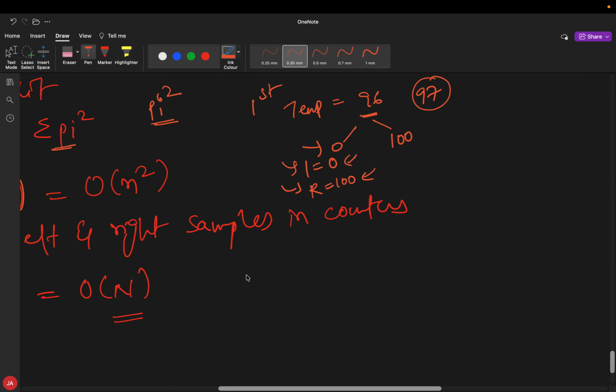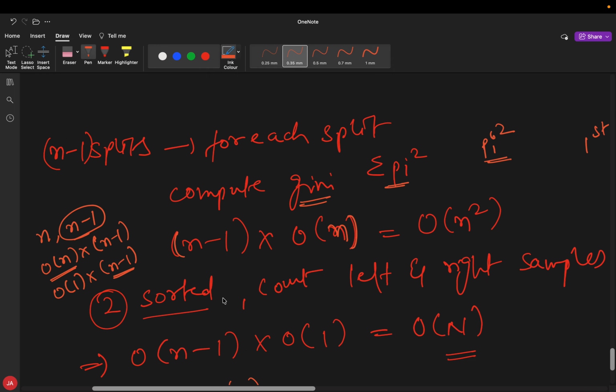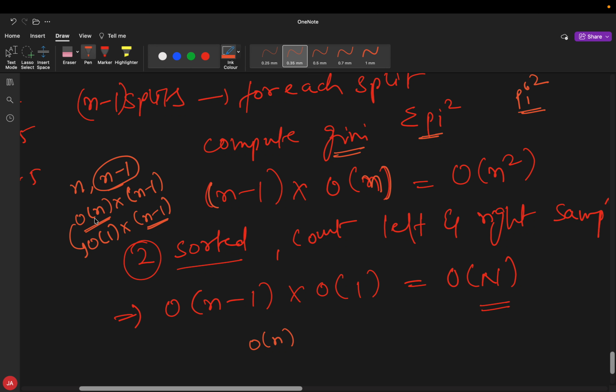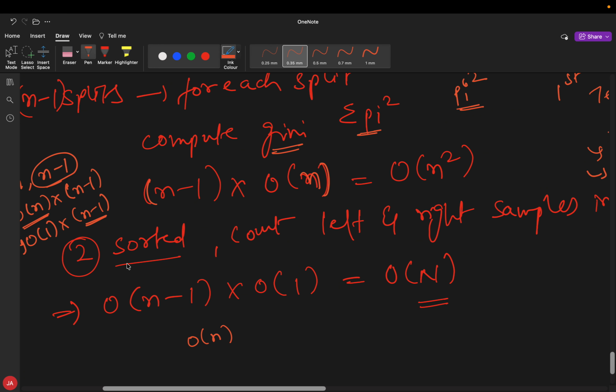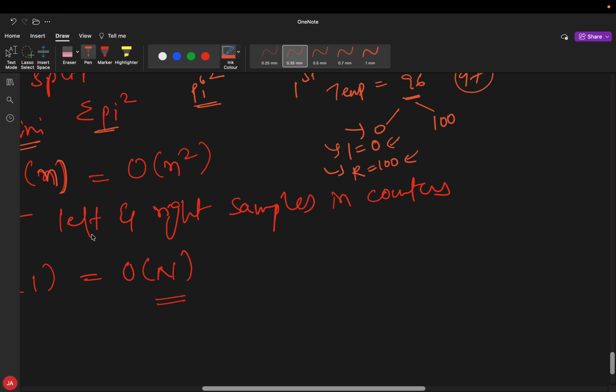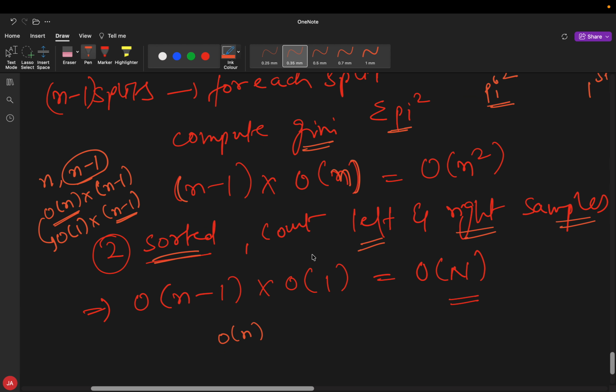Why does it reduce from O of n to O of 1? Because we have sorted everything and we just need to count the left and right samples in counters.